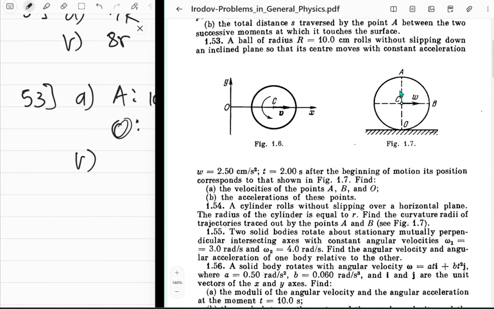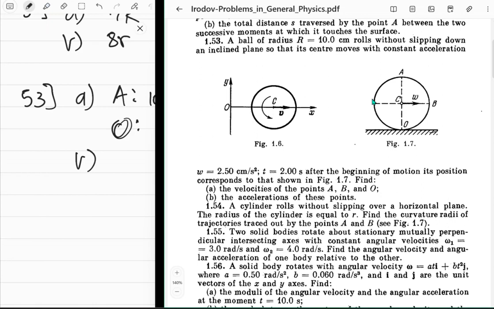Then there's tangential acceleration, which is d omega upon dt times r. d omega upon dt is like dv upon dt over r, so it's going to be the acceleration w upon r, times r, of course. That would make sense. So w is the tangential acceleration as viewed from C, but that's along the tangent.